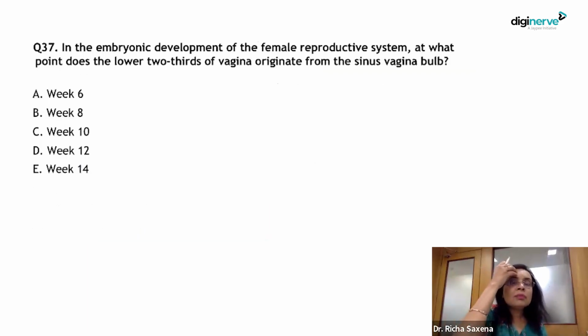In embryonic development of the female reproductive system, at what point does the lower two-third of the vagina originate from the sinovaginal bulb? So again, the embryology of vaginal development becomes important.